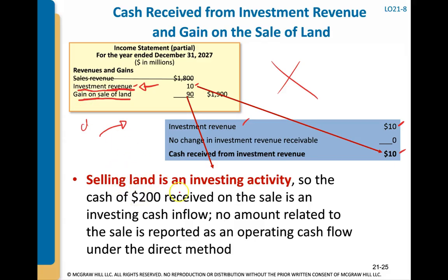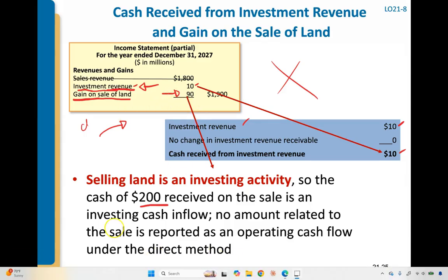So when we sold that land and we had a gain, whatever cash inflow we got, which is $200, from that ongoing example that we've been using throughout these videos, that was an investing activity. But this is actually the gain on the sale of land. And for the direct method, it's a non-issue. We do not report it.